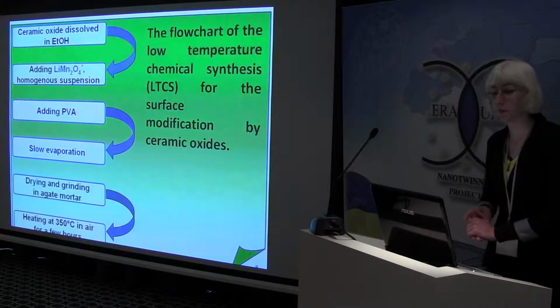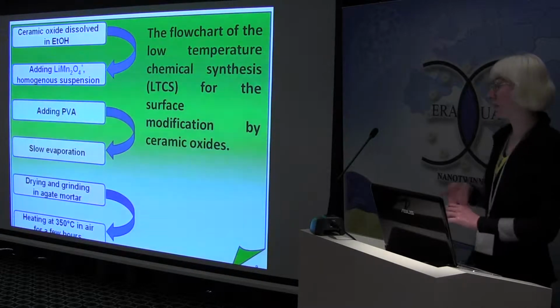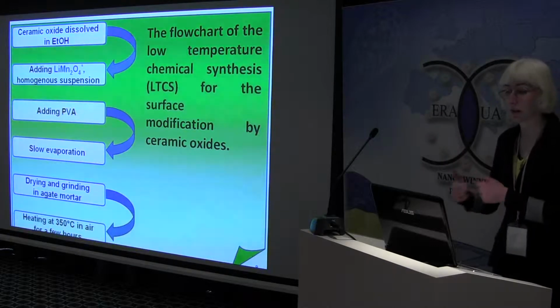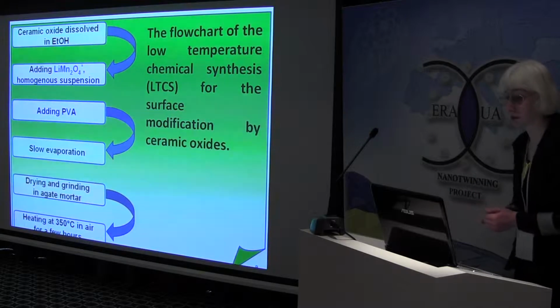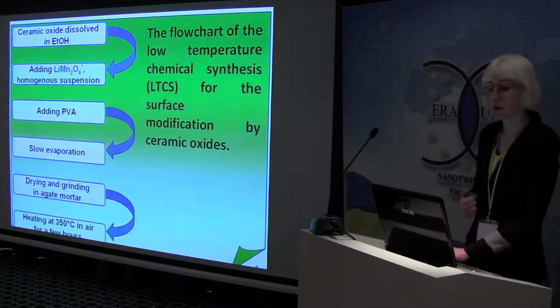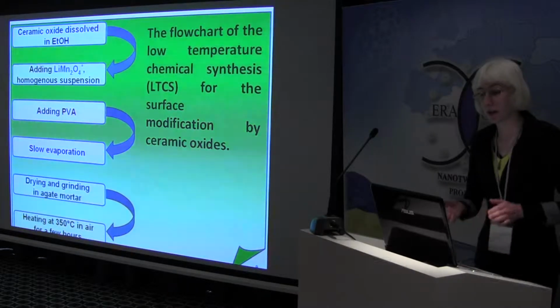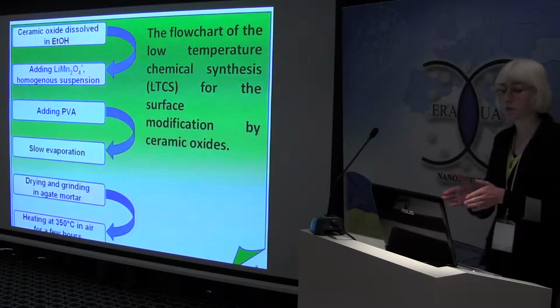In the first step, we dissolve the ceramic oxide in alcohol medium. Then we add the nanocrystalline lithium manganese oxide obtained earlier to get a homogeneous suspension. We add polyvinyl alcohol, slow evaporation, and the next step is drying, heating and grinding in an agate mortar.